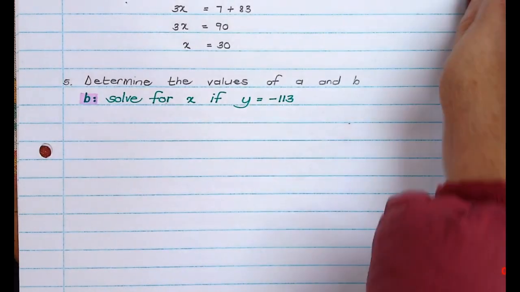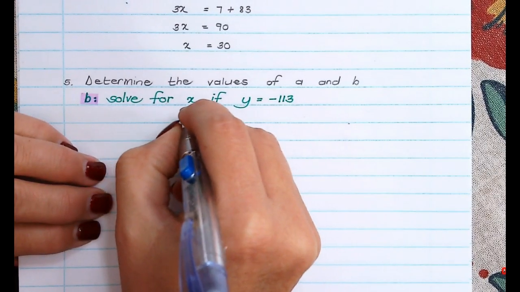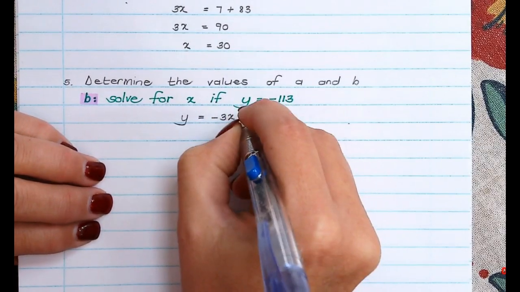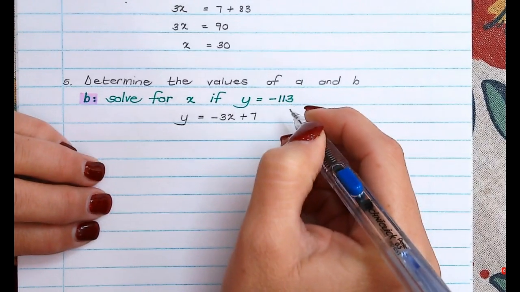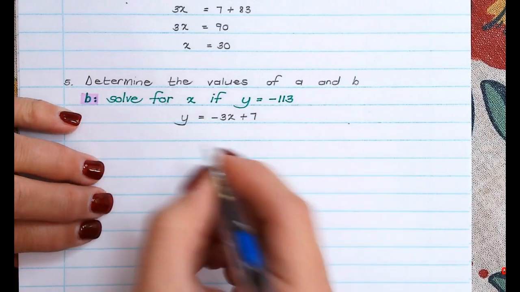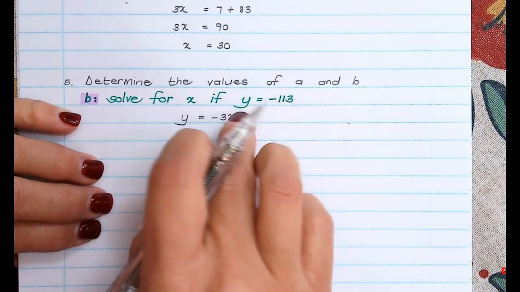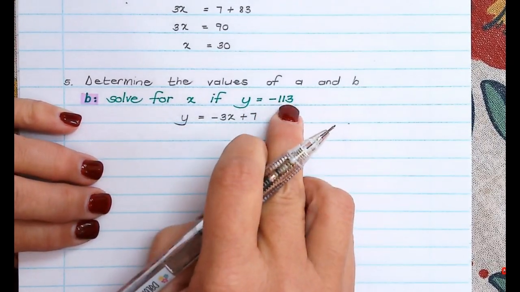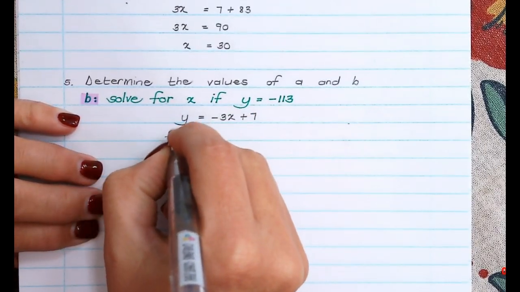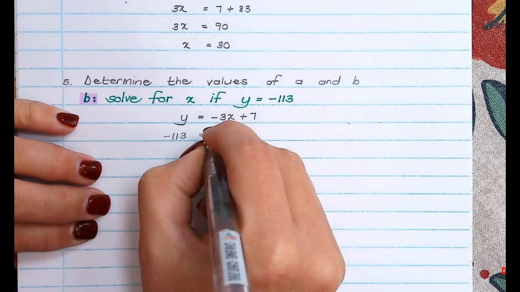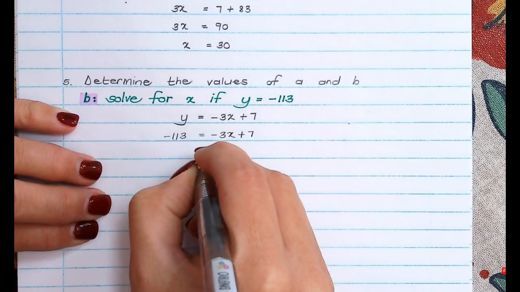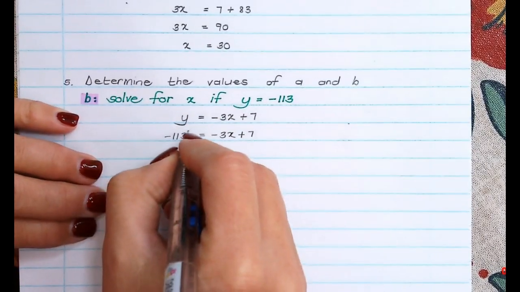Right, remember the equation that I'm going to use: y equals minus 3x plus 7. And now I am solving x. So I'm going to replace y with minus 113. Instead of writing y, I will be substituting it with minus 113. And now I'm going to again solve for x, with the equal signs underneath each other.